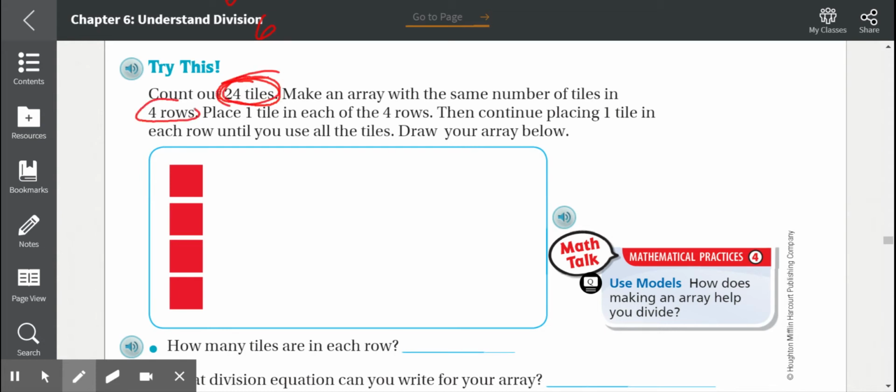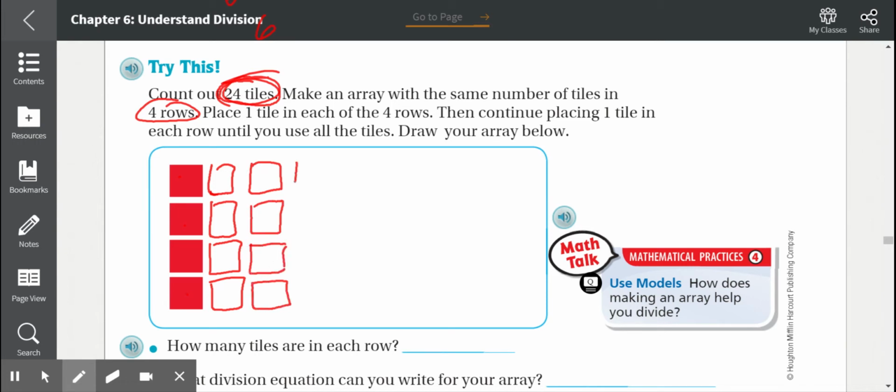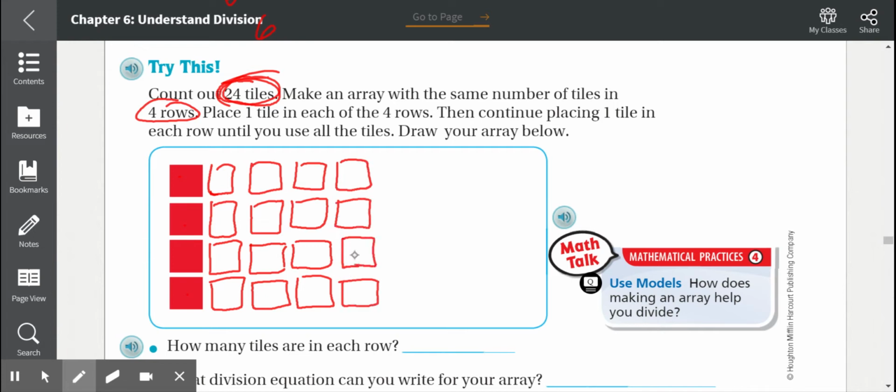And we have 4 rows. 1, 2, 3, 4. We're going to put another in each row until we've gotten to 24. So this is 4, 5, 6, 7, 8, and so on up to 24.